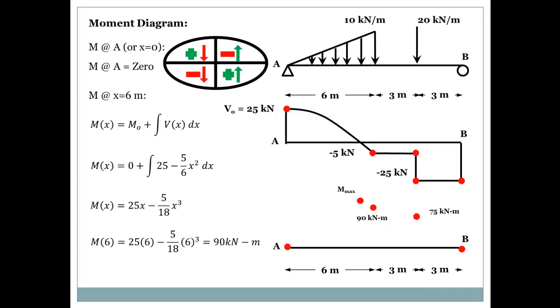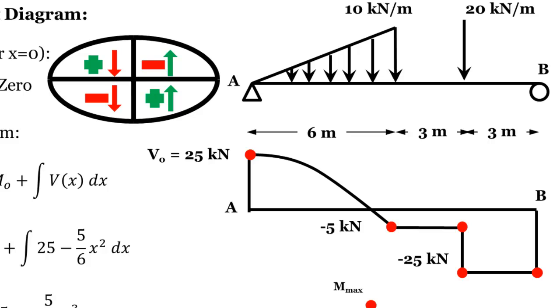But for the shear diagram, if it is located above the x-axis, we consider it as positive, and if it's located below the x-axis, we consider it as negative. Is our shear diagram above the x-axis? Yes, so it's positive. Is it decreasing or increasing? As we go from left to right, we find it's decreasing, so we are talking about this case.